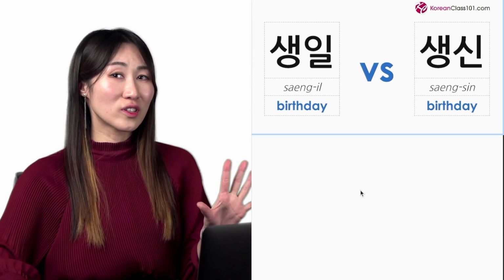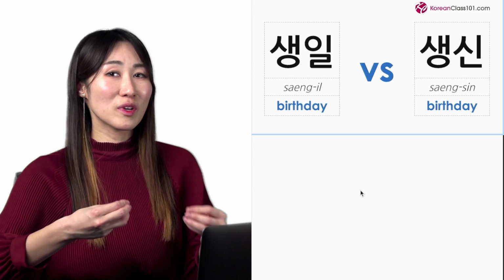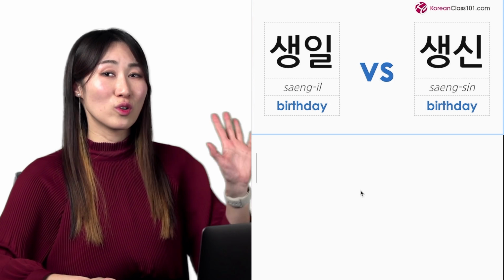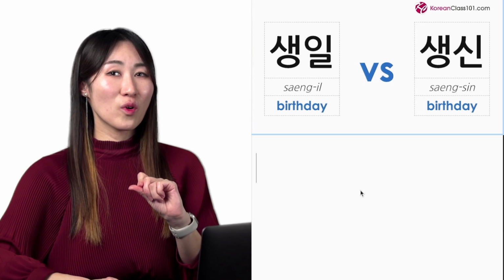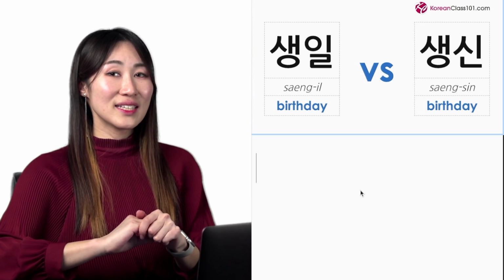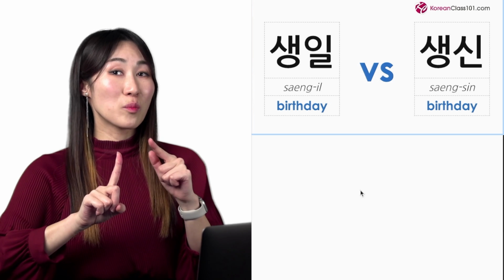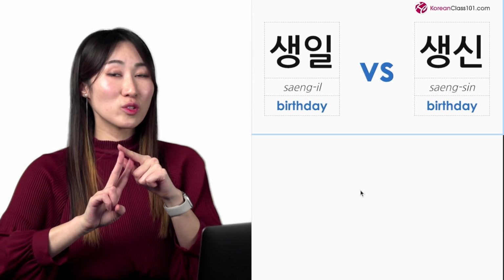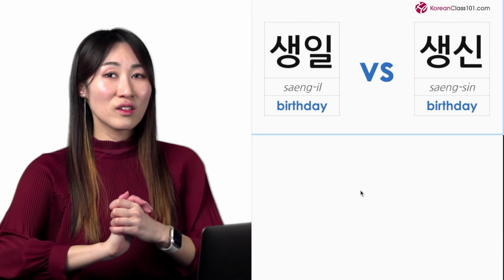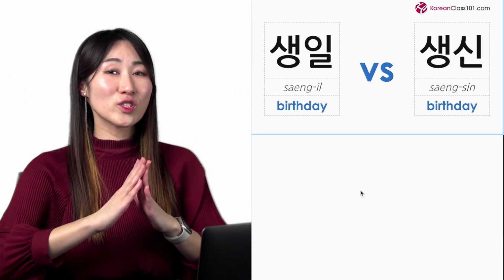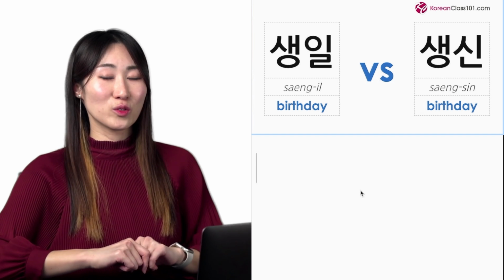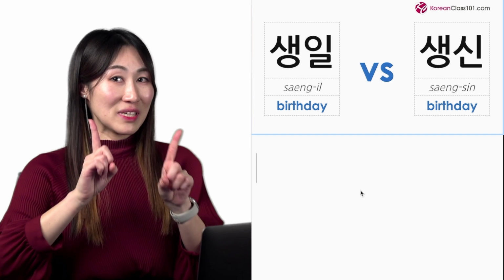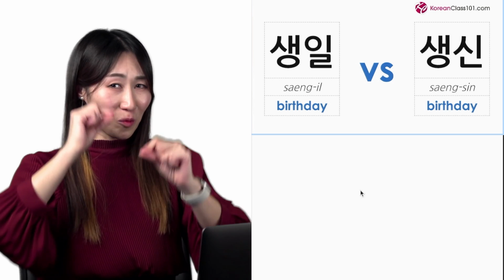So this word sounds more formal and it shows my respect towards this person. So 생신, for example, I would say 생신 for my boss or my teachers, professors, or my supervisors, or someone who is much, much older than me, like my grandparents. So 생일 and 생신 mean the same, but the difference is the politeness level.